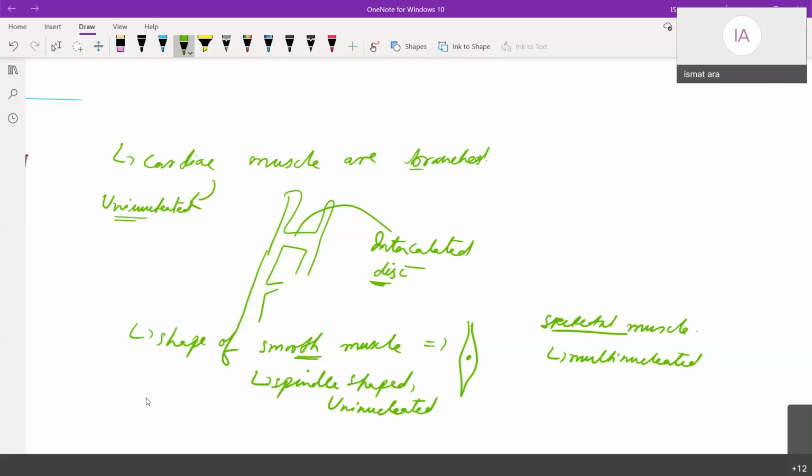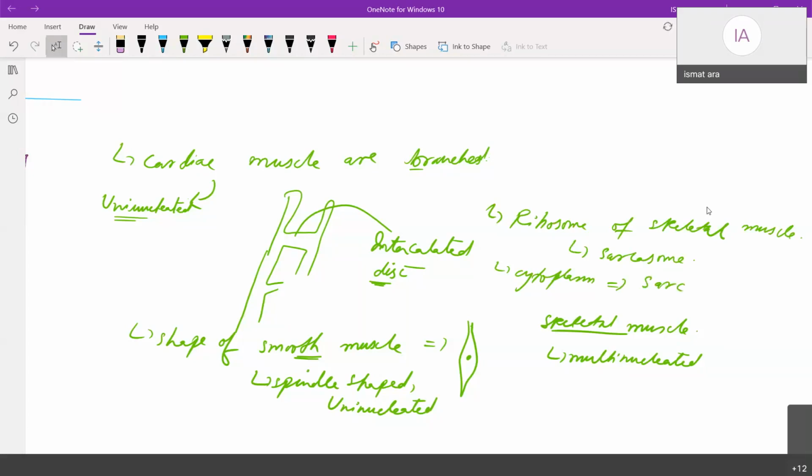Now the ribosome of skeletal muscle is called sarcosome, whereas the cytoplasm is called sarcoplasm. The word sarco we are using for muscle, especially for skeletal muscle.